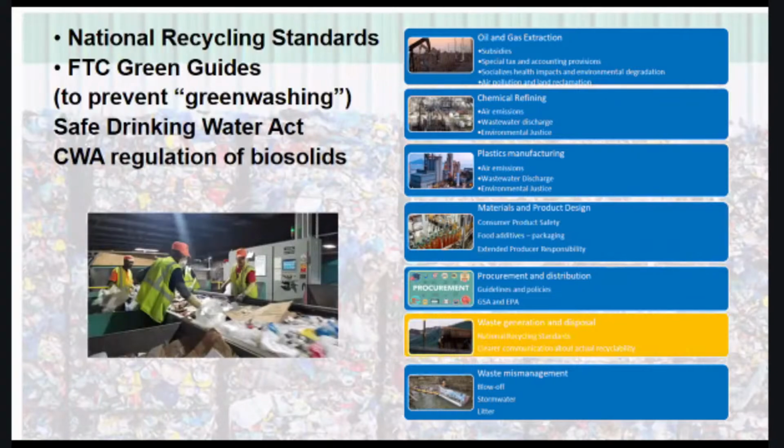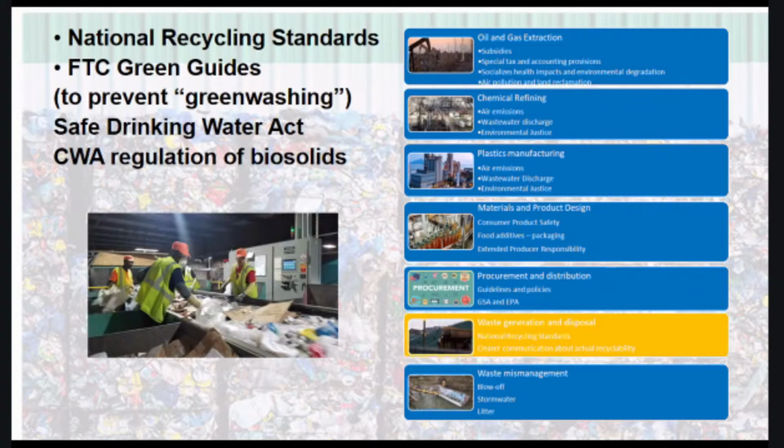Finally, when we do think about waste generation and disposal, I think we could do a much better job with a national recycling program that sets standardized terms for what can and cannot be recycled. And I think that that would do a lot to reduce confusion as people move around the country and reduce the contamination of that recycling stream.